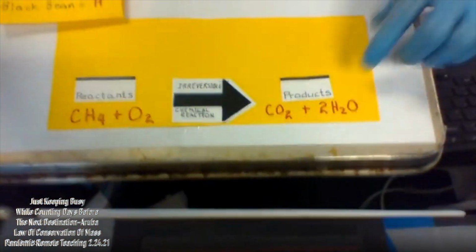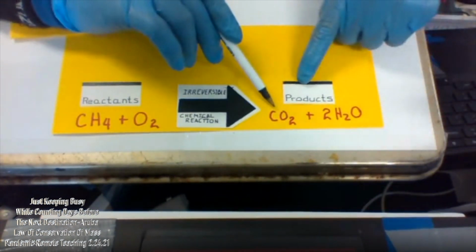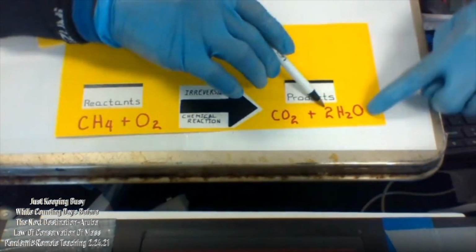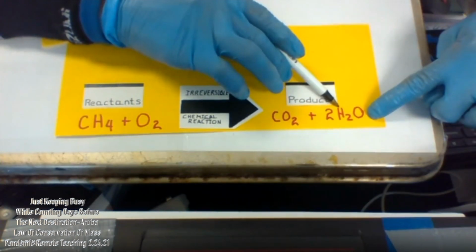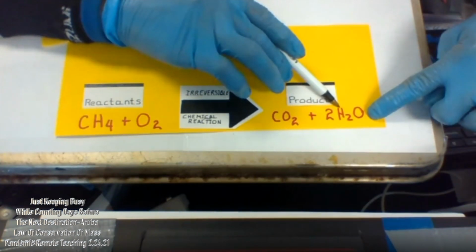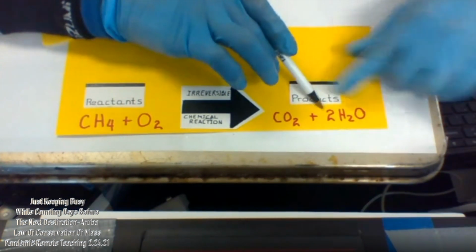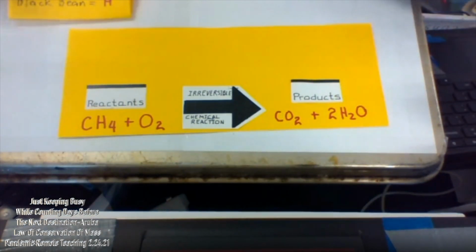All right, so now we do have the products, and there are two. CO2, and we have two water molecules. You will see how I will show this using the beans or the seeds later in time.